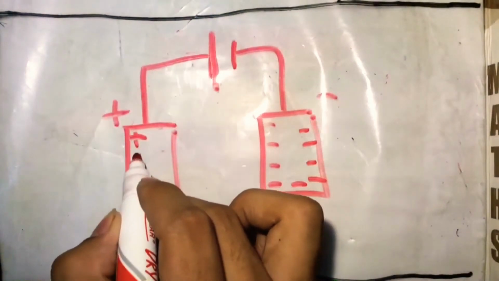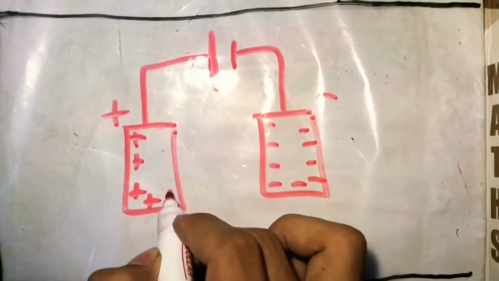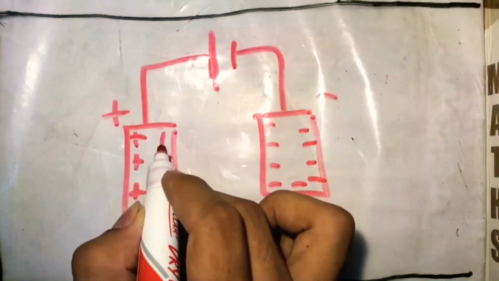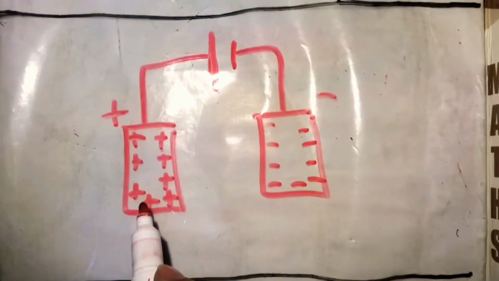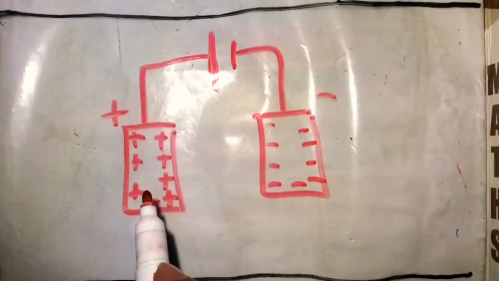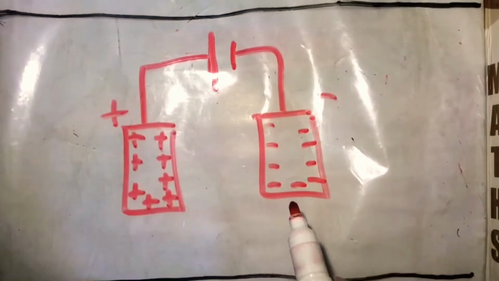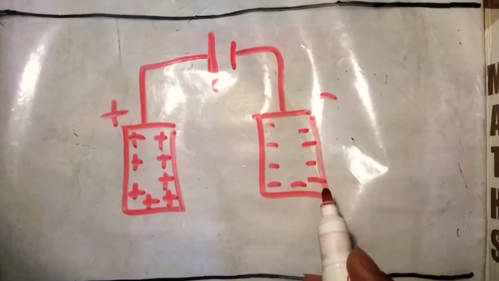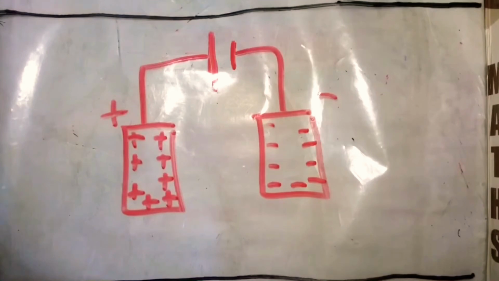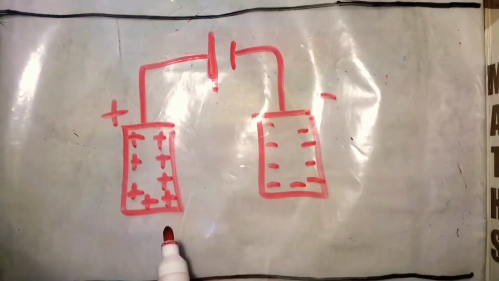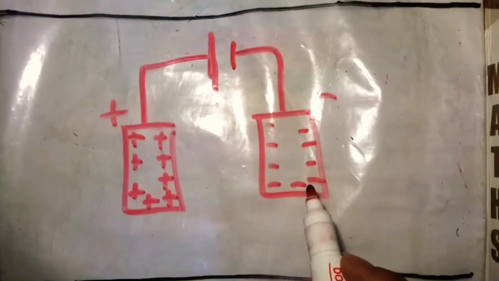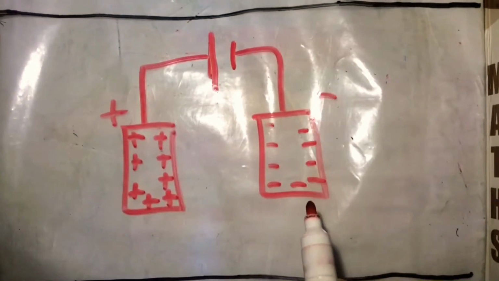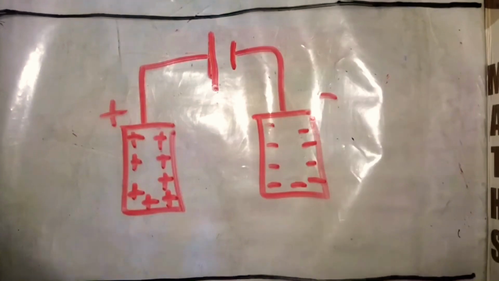The anode becomes positively charged as there is a deficiency of electrons. Therefore, negative ions are attracted towards the anode and positive ions are attracted towards the cathode. And here, the negative ions will lose electrons, and over here, the positive ions will gain electrons.